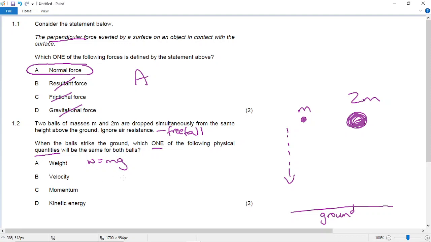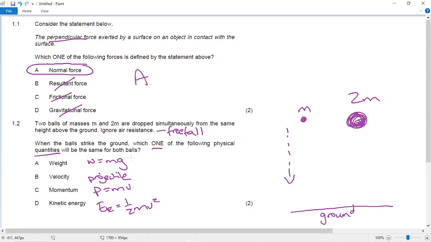Remember, they're going to be a projectile, so we would have to use an equation of motion here. The momentum is given by p equals the mass times the velocity, and the kinetic energy, your EK, is given by a half mv squared.